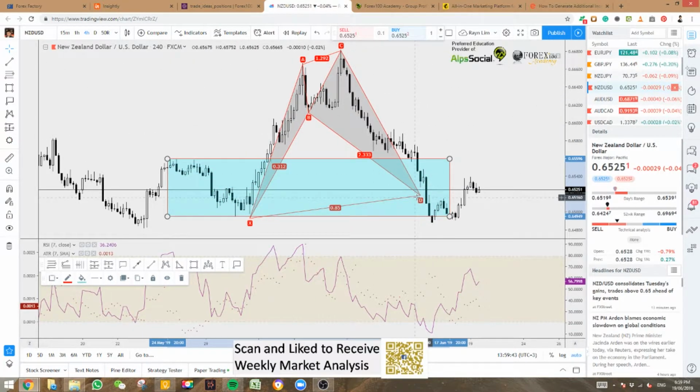I've bought it as a shark pattern over here. Market came down, almost touched my stop loss, went back up, away from it, came back down again. Guess what I do? I stick with my plan. I didn't do anything. Market went up right now, slight profits. I'm just at the waiting stage.